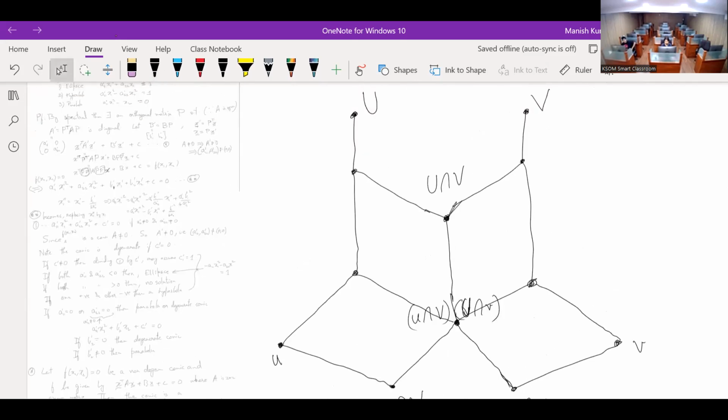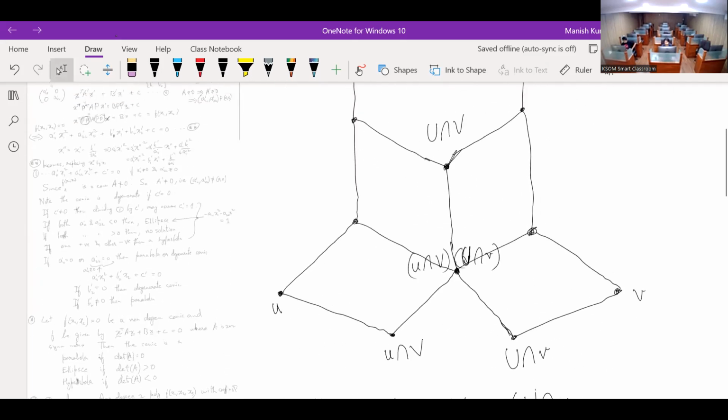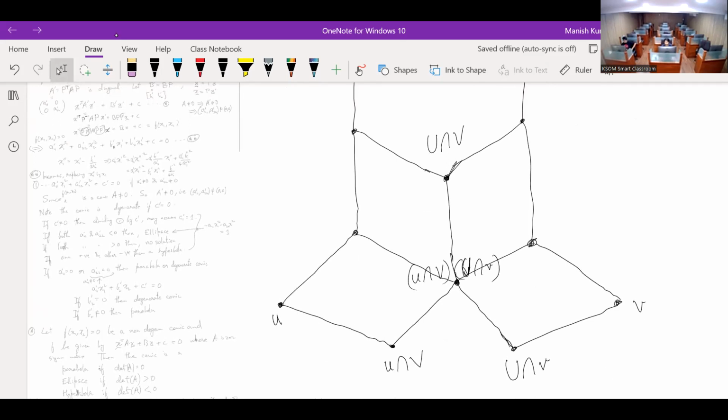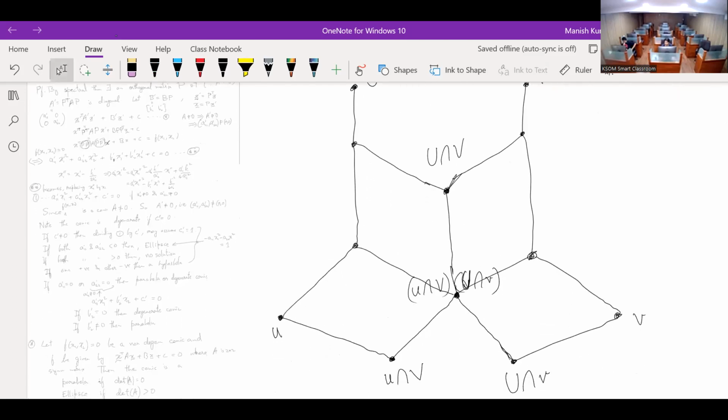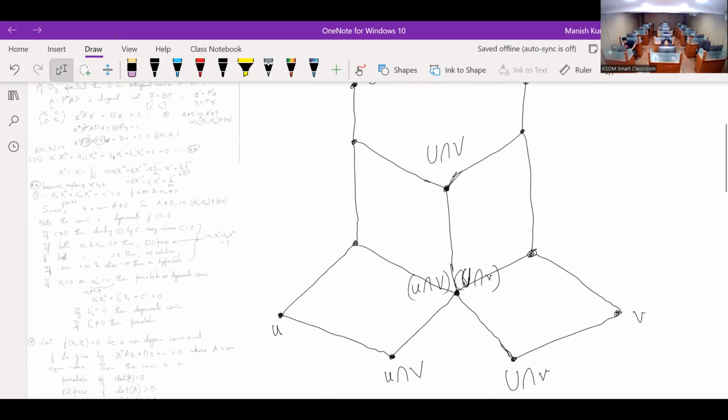Whatever comes below is a subgroup of this thing, so small u comes below capital U. Small v comes here. This dot is small u intersection small v, and this dot is capital U intersection small v. Of course, small u intersection capital V comes below both capital U and capital V.